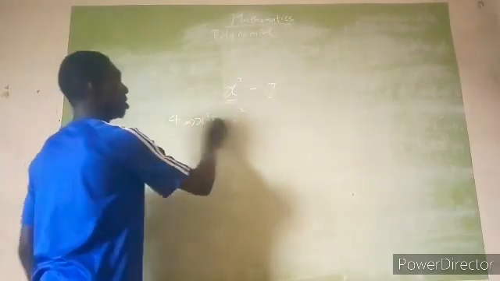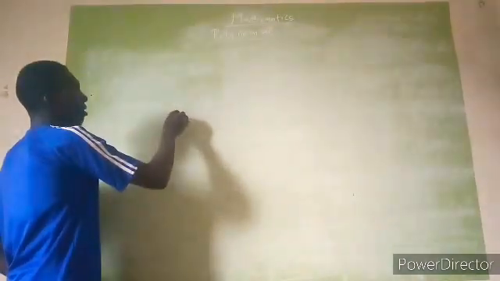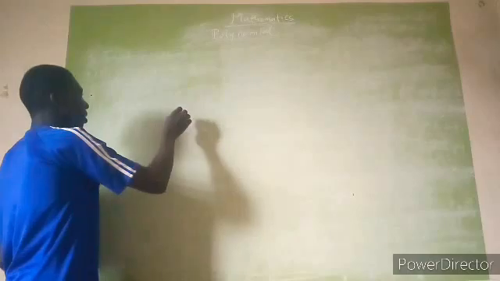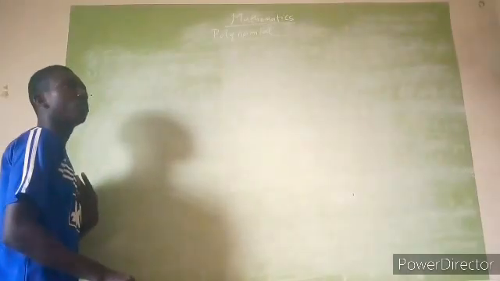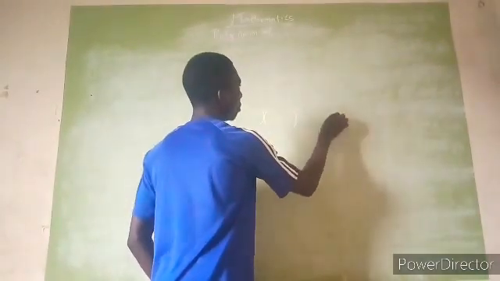A polynomial is also the product of two or more simple linear expressions, because when we're talking about polynomials, we are talking of 1, 2, 3, and so on.